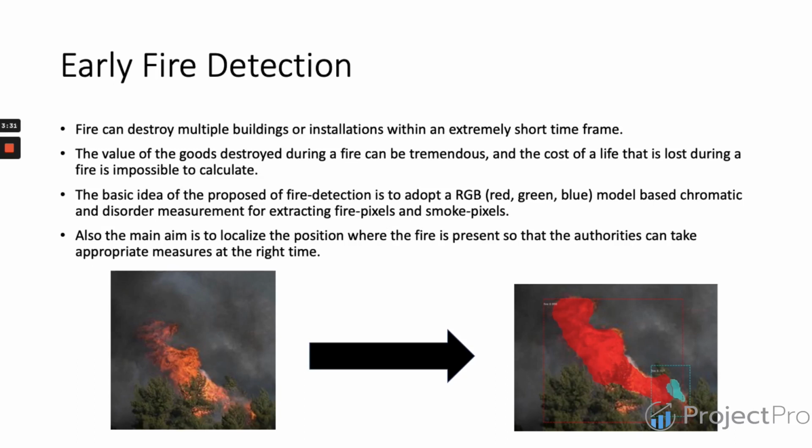So this is what we are targeting. Let's say we have a fire like this, and with the detection of Mask RCNN, we are able to identify where the fire persists and what the path of the fire is. Within the whole image, we are just targeting where the fire actually lies.